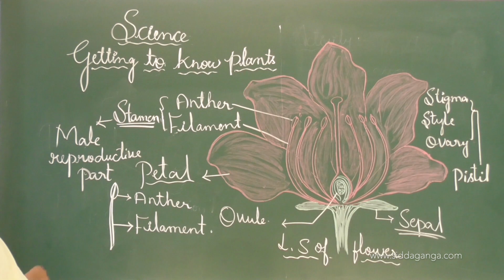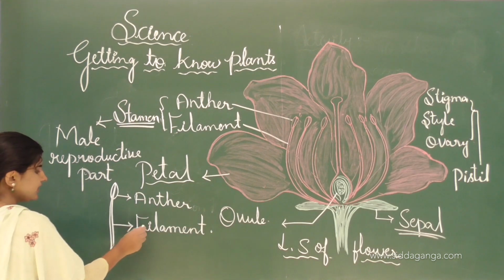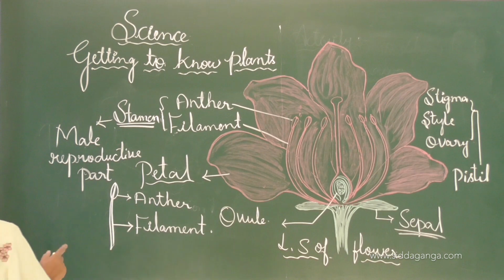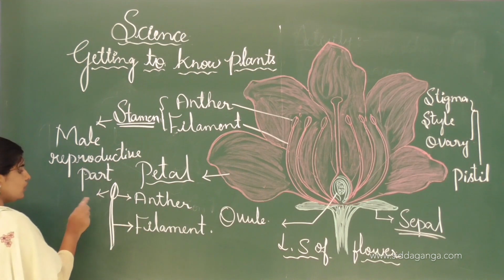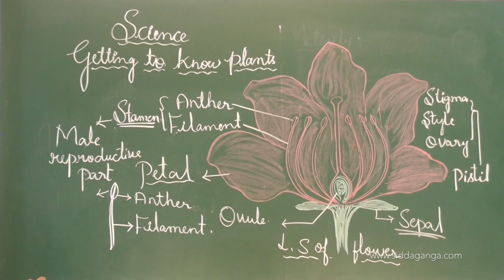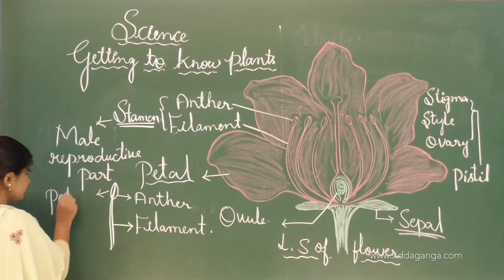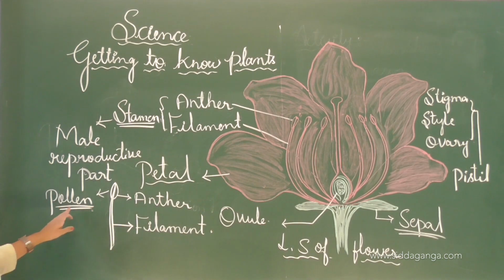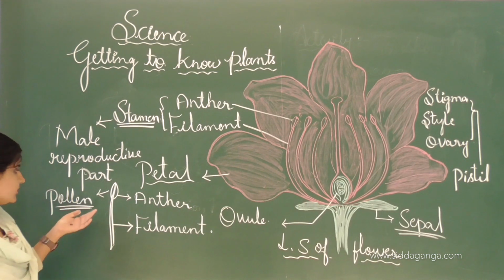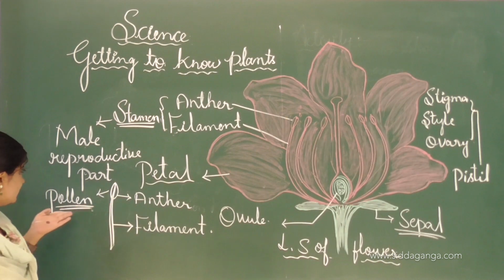The filament is a long thin tube-like structure, and the anther will produce a yellow powdery substance called pollen.